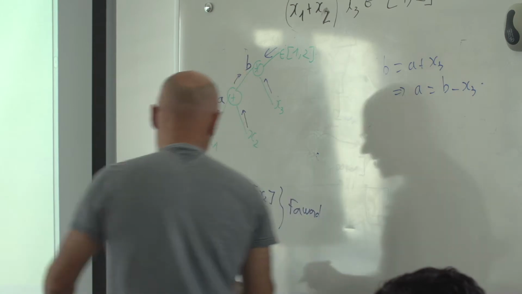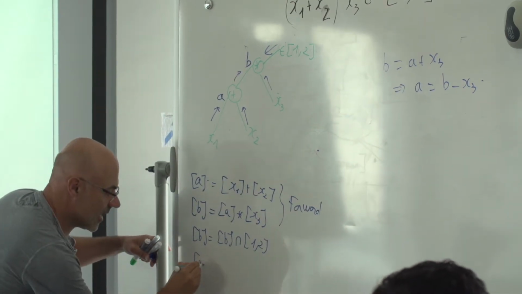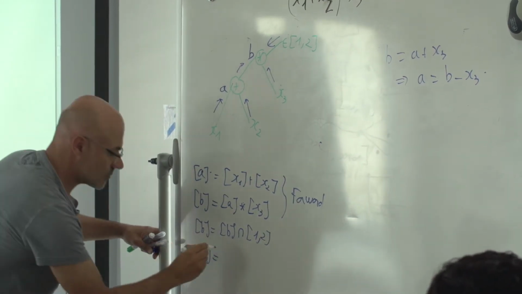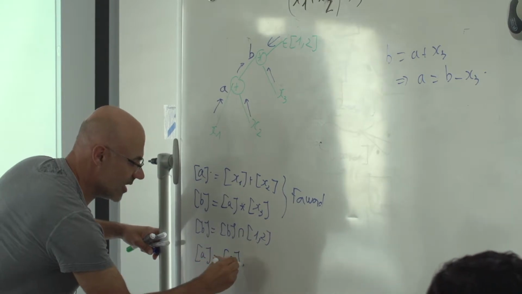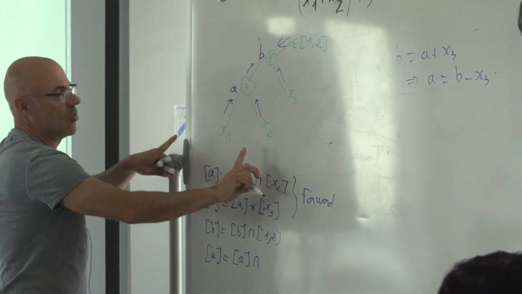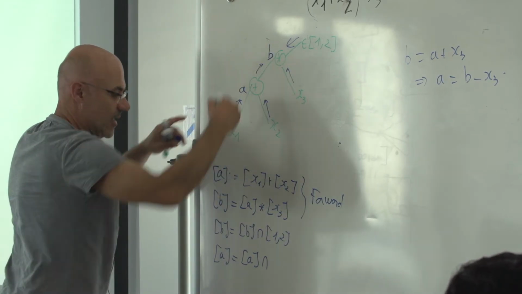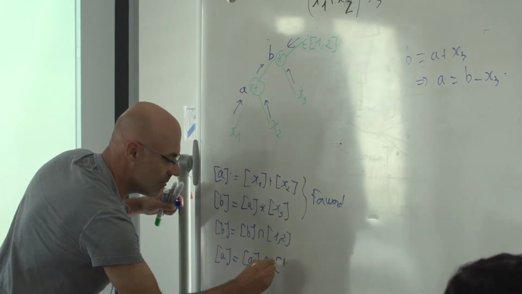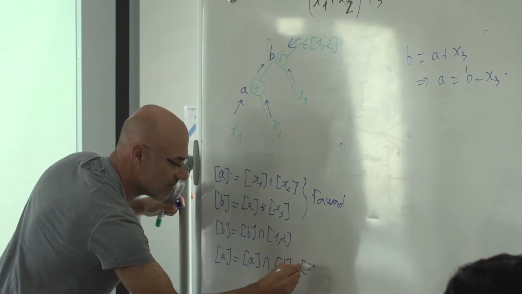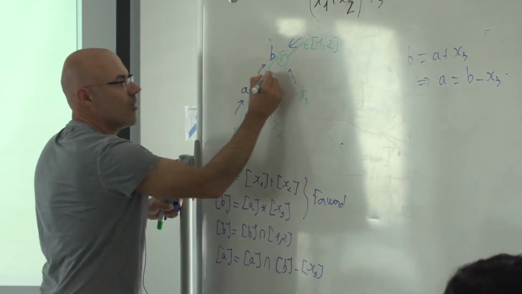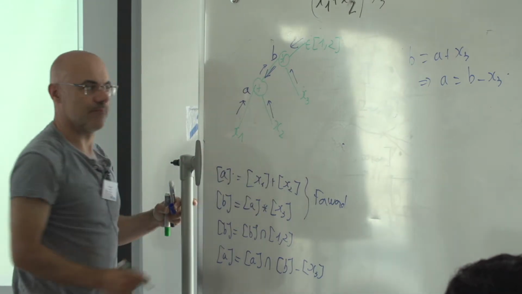So I will write here A equals A intersected, so all information is in A from downward, and here intersected by B minus x3. So I propagate in this direction.